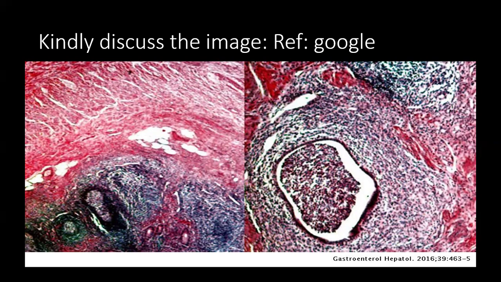Okay, this is the wall of the colon. That dark colored endometrial tissue is visible. And on the right side picture, the lumen is obstructed by most likely internal content. These are the endometriosis.